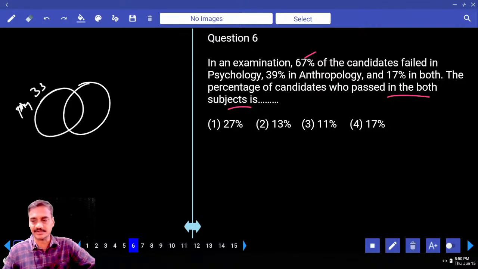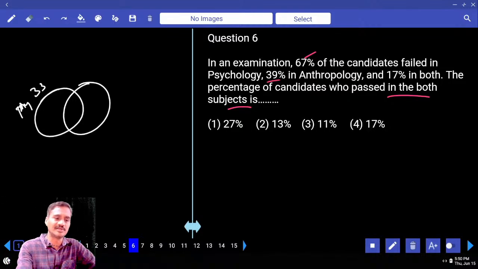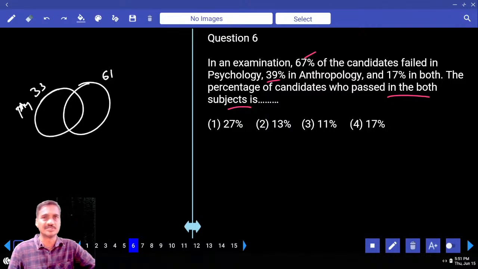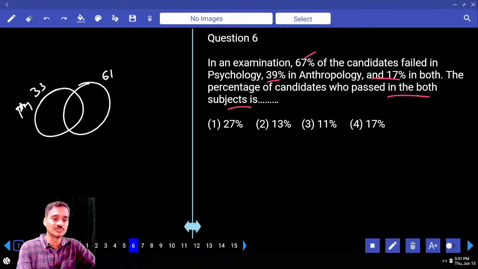And 39 failed in anthropology, so the remaining 61 passed in anthropology. And 17% failed in both of these. 17 students failed in both, 17 is here.